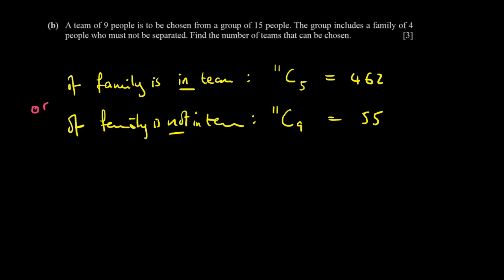And as I said earlier, if we've got the word and, if we've got 2 things that happen at the same time, then basically we multiply. But if we've got the word or, then what we do is we add. So what we've got to do here is add our 2 different outcomes, 462 plus 55. And what we will get is 517. Okay, so here we've got 517 different ways in which we can have this situation.